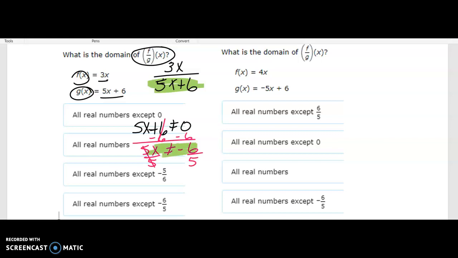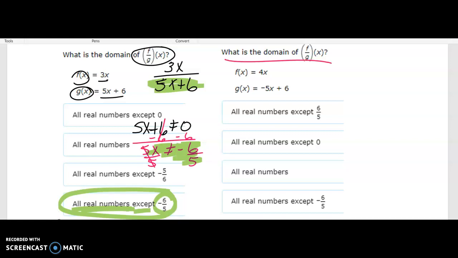And what does this right here say? x cannot equal negative 6 over 5. x can be any number except negative 6 over 5. And that's what the domain is. The domain is the x, the domain is left and right. So the domain is any number in the whole wide universe except for negative 6 over 5, because negative 6 over 5 makes the bottom 0, and the bottom cannot be 0.